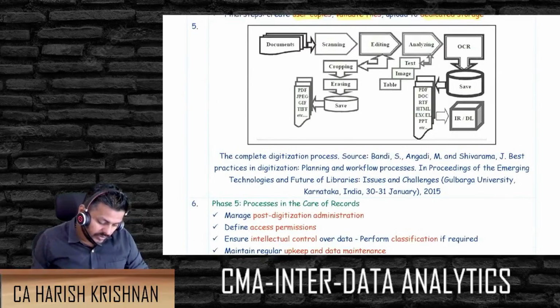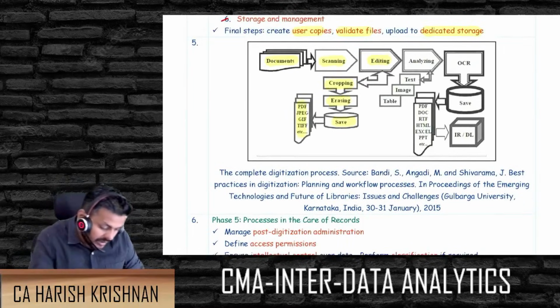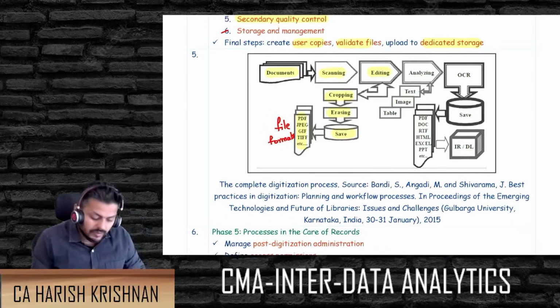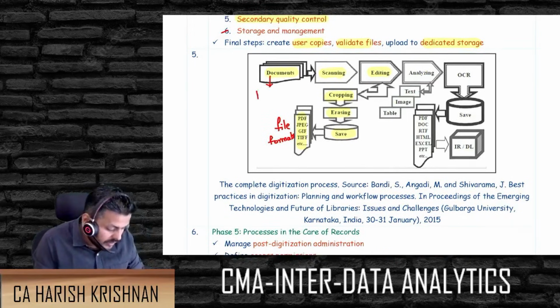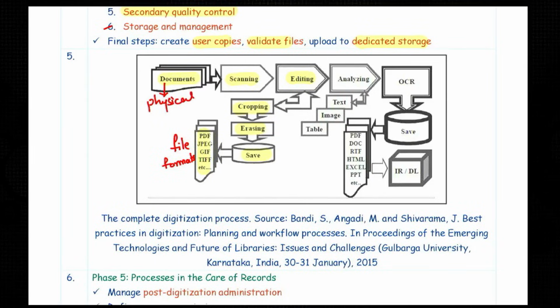So can you just see that? Documents, scanning, editing. Editing involves cropping, erasing unnecessary things, and saving in PDF, JPG, different formats. All these PDF, JPG are different file formats. Guys, yes or no? Do you understand or not? So you have documents which are physical. Can you just take a full look here? Physical. Then you're talking about scanning, then doing all these edit activities, right?